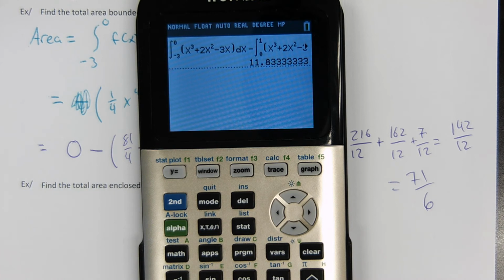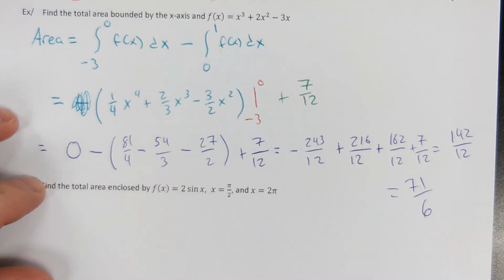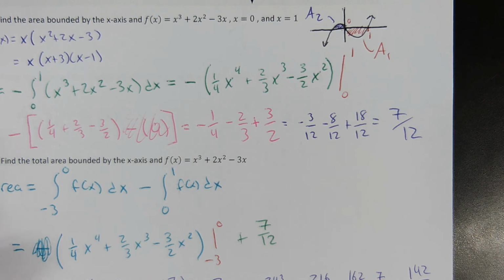Now, wait for it. There's an even more efficient way that this calculator could do this for us. Absolute value. We do not have the ability to integrate absolute values by hand, but the calculator does. If we set the absolute value of this function between -3 and +1, realize that the entire red area would actually have been reflected above the x-axis.